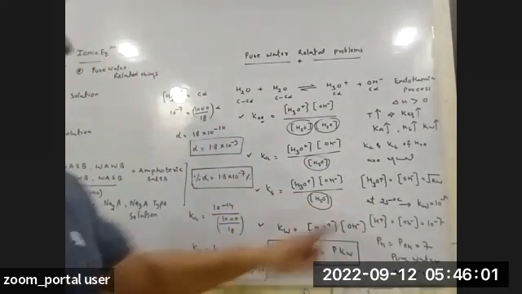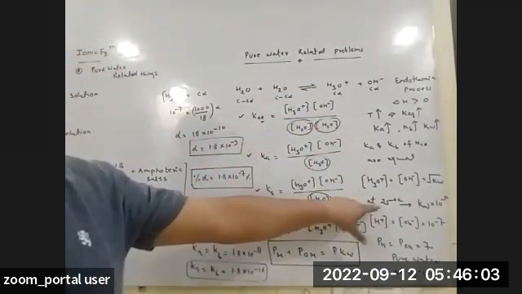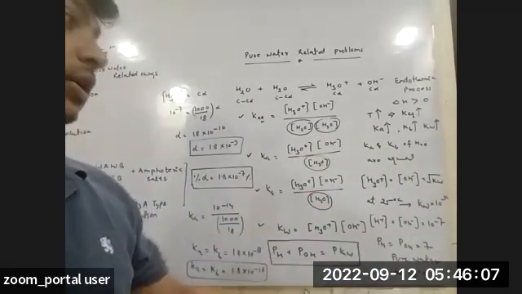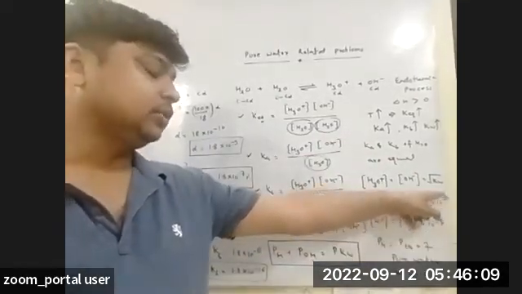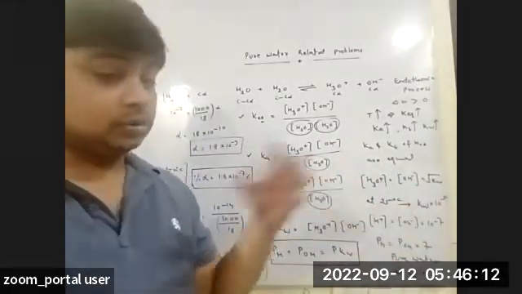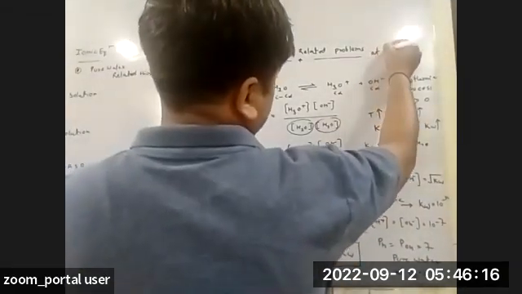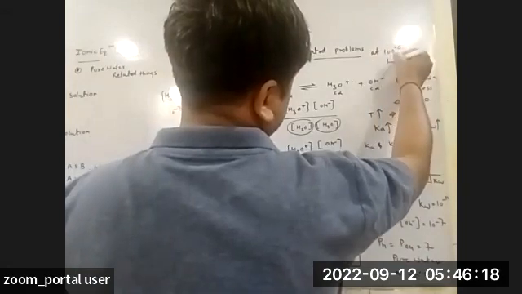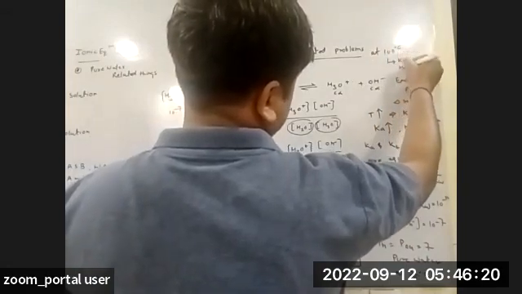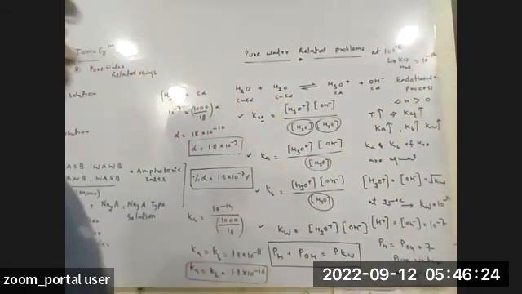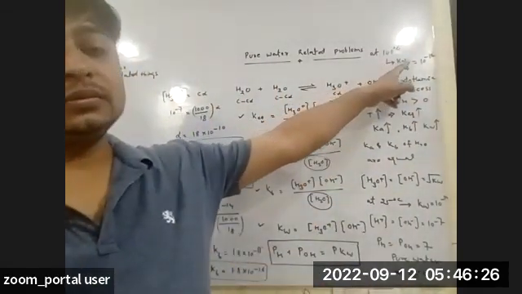In the given problem, if temperature is given 100 degrees centigrade, then Kw at 100 degrees centigrade definitely will be greater than 10 to the power minus 14. So let's say at 100 degrees centigrade, if Kw of water is given 10 to the power minus 12, then everything will be changed.